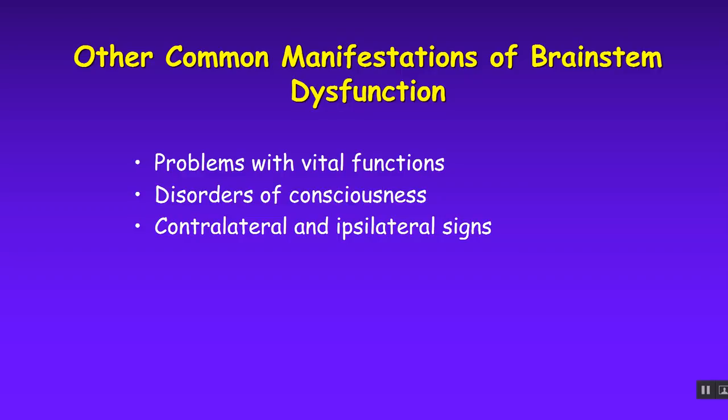Anytime you see a mixed presentation where one side of the body is affected, motor or sensory, and the opposite side of the face and head is affected, you're thinking brainstem. If the whole face and body on the same side are affected, you know the lesion's got to be up in the cerebrum, above the brainstem, because everything's crossed over by that point.